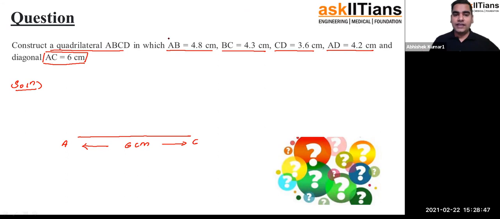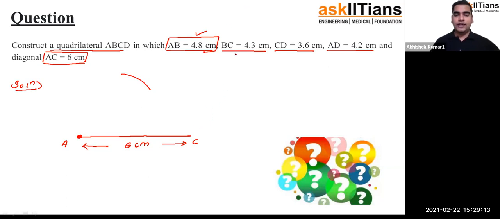So to form triangle ABC, we need this length AB. So you have to assume A to be the center, and assuming A to be the center, you have to mark an arc of length equal to 4.8 centimeter. Understood? Because we are forming triangle ABC first. Clear?